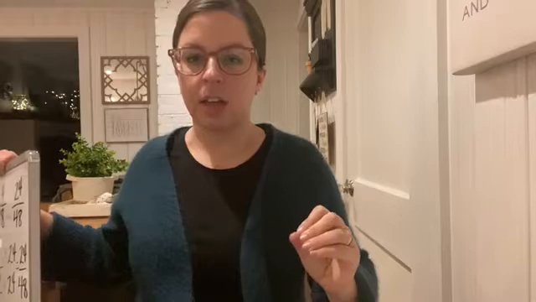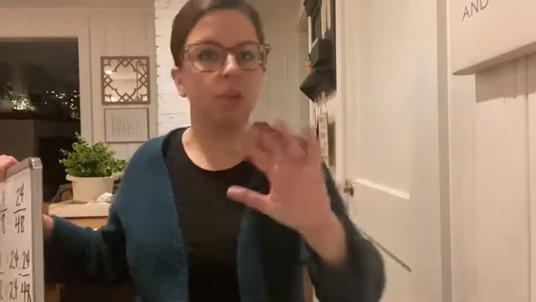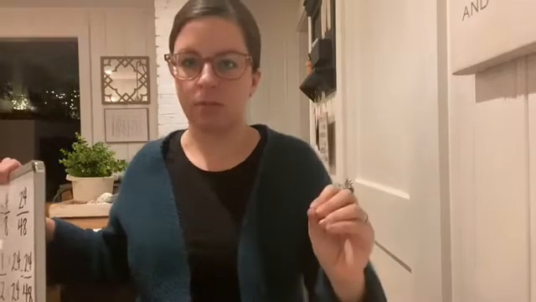So what is an equivalent fraction? Well, equivalent is a very long word that means equal, okay? So equivalent fractions are 2 fractions or 3 fractions that all are the same amount, okay?